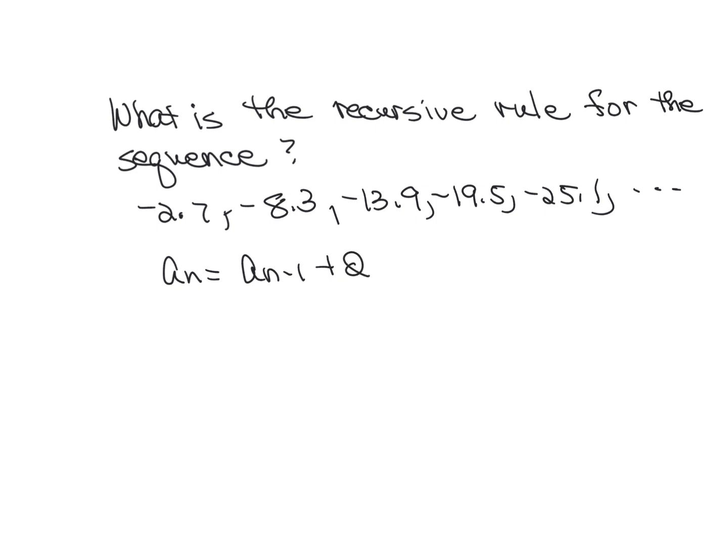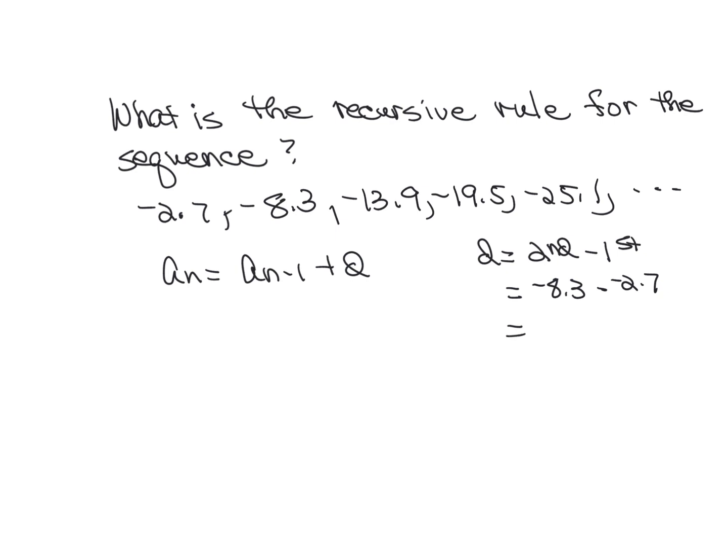In order to write this formula, there are two pieces of information that we need to know. We need to know what d is, and d is always going to be found by taking the second term, subtracting the first term. And in this case, that's going to be negative 8.3 minus negative 2.7.